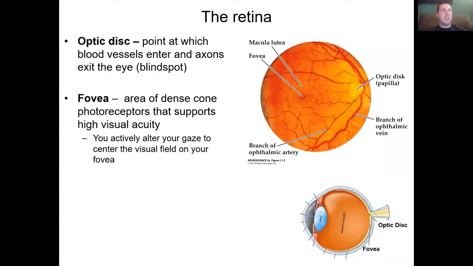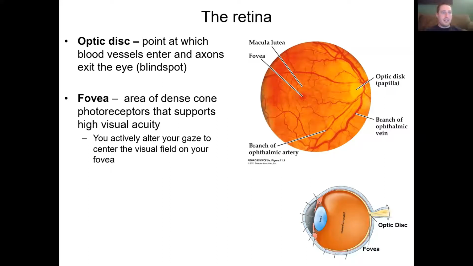Moving on to the retina, which we're going to spend a lot more time on in this lecture and next 2 lectures. So some features of the retina that you can see if you look through the front of the eye with a visual ophthalmoscope. The first is the optic disc. This is where all the blood vessels enter and leave the eye, also where all the axons of the ganglion cells leave the eye.